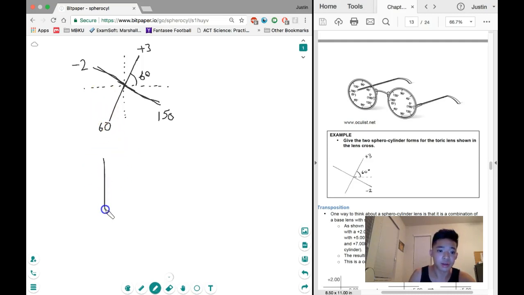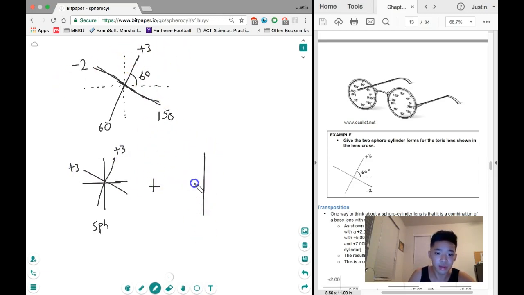We talked about how the toric lens can be broken into a sphere and cylinder. So the first one is your sphere, and I'm not going to be so particular about the images now, but I'll take the +3 as my sphere, because you can take either one as a sphere.